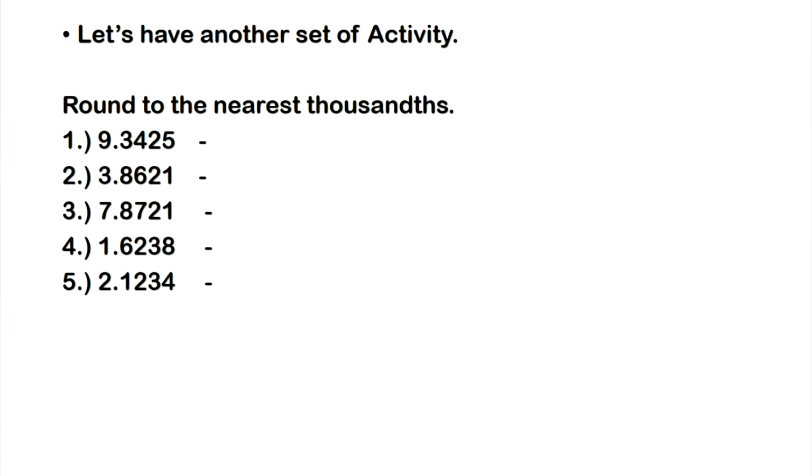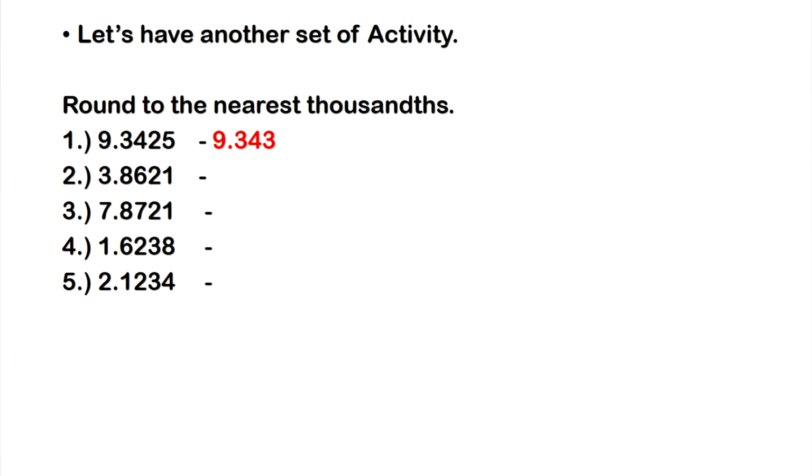We have another set of activity. To the nearest thousands. 9 and 3,425. What is the rounded number? Yes, 9 and 343. We round it up because the digit to the right is 5. In 3 and 8,621 10,000ths, what is your answer?